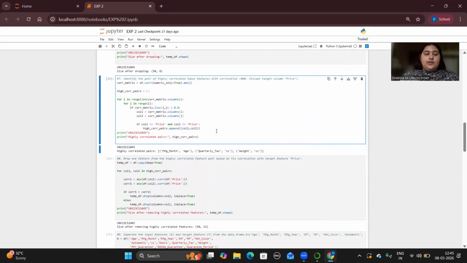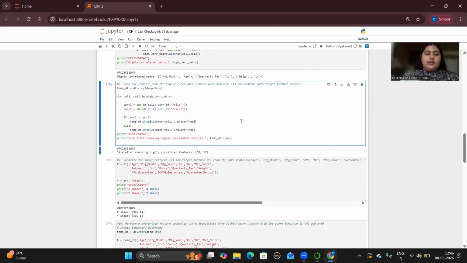And for the seventh question, sometimes two input features may be strongly correlated with each other. This means both features carry similar information. When correlation between two features is greater than 80%, they are considered highly correlated. Keeping both features can lead to multicollinearity, which negatively affects machine learning models. Therefore, highly correlated feature pairs are identified.